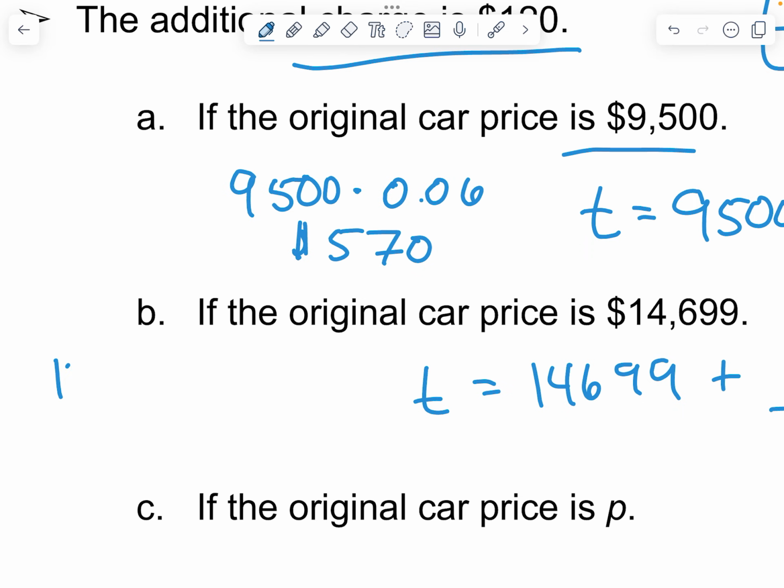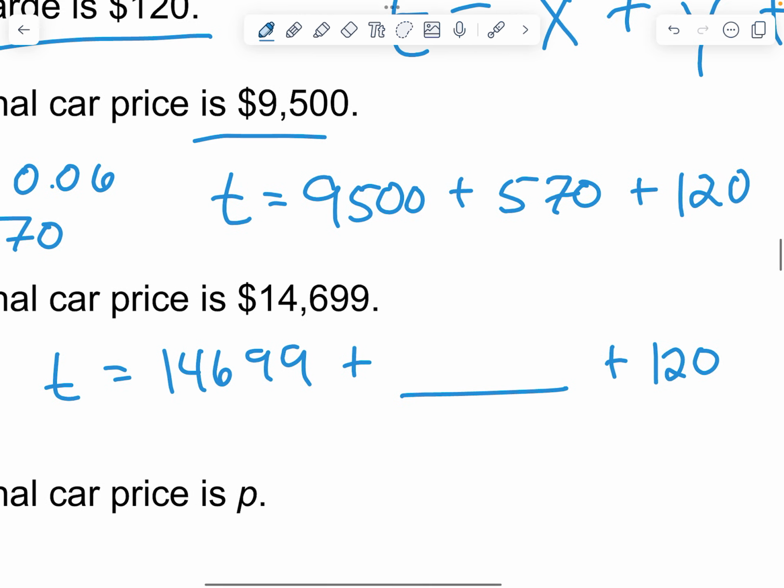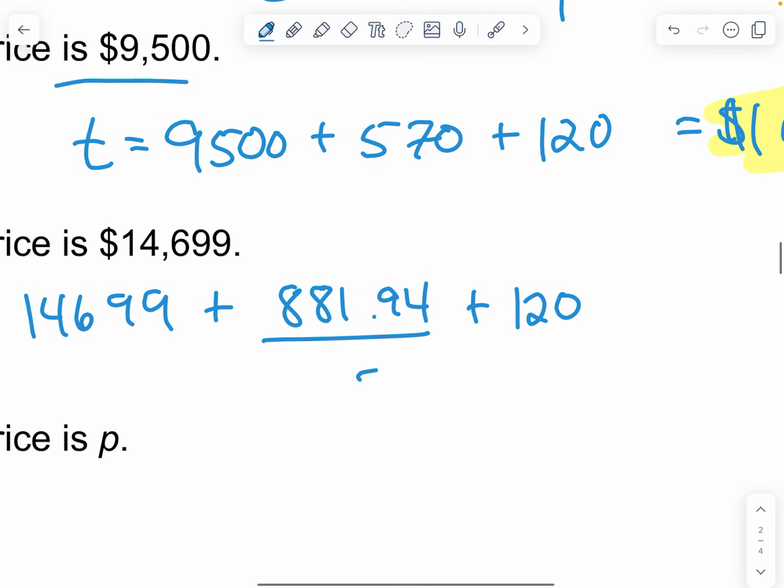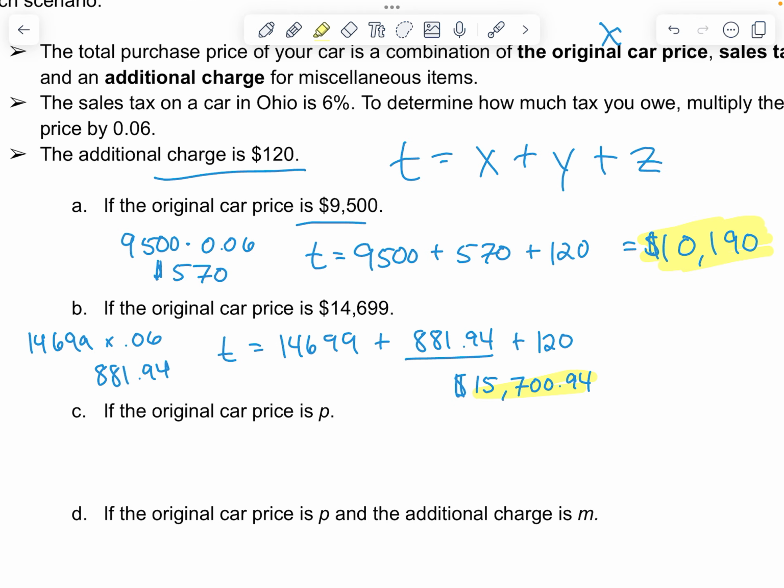It's going to be that price, $14,699 times 0.06. 14,699 times 0.06 gives us $881.94. Add that to 120, add that to $14,699, and we're now talking about $15,700.94.